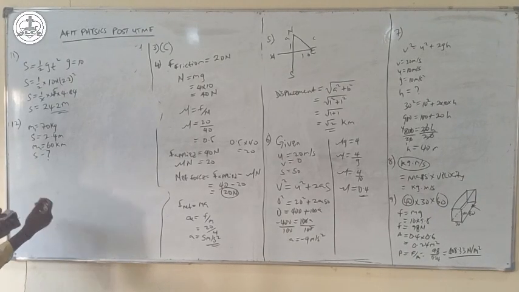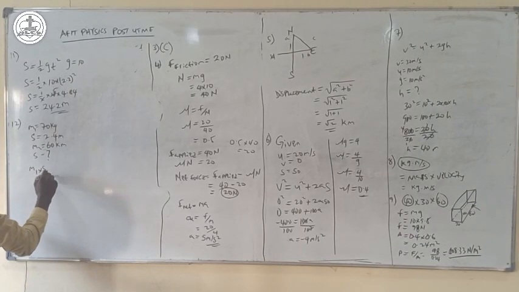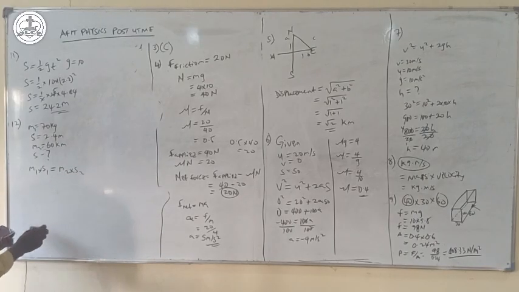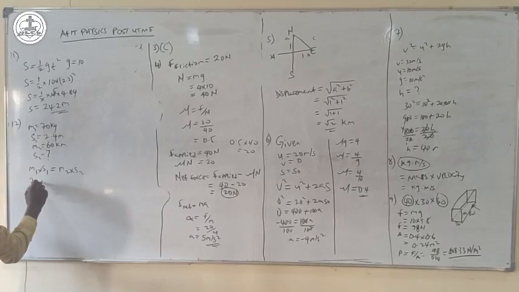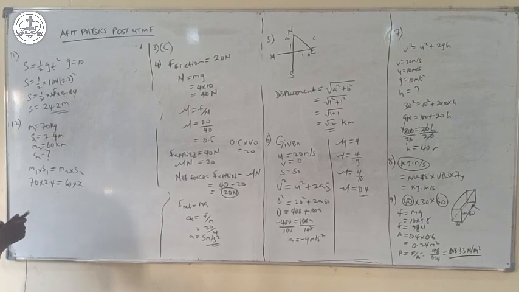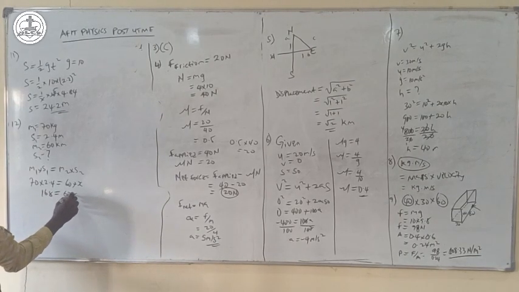So a simple question. M1 times S1 is equal to M2 times S2. So M1 times S1 is 70 times 2.4, and M2 times S2 is 60 times X. 70 times 2.4 is 168. 168 is equal to 60x.